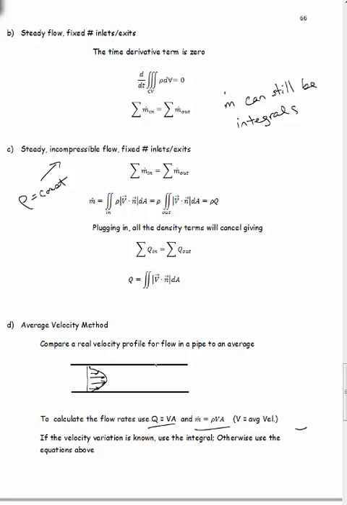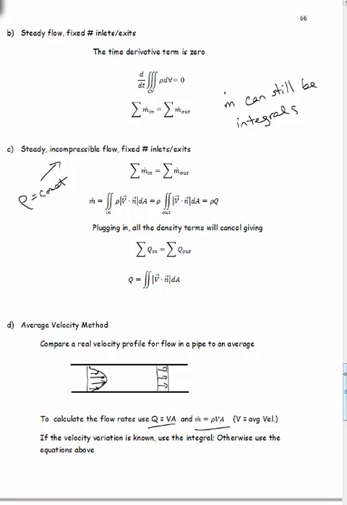But as a simplification we can pretend that it's uniform across the whole pipe and just use the average velocity. We'll do that a lot, not always, but a lot. In that case, we can just say Q equals V times A, m dot equals rho V A. And those are the equations that you had in thermo.